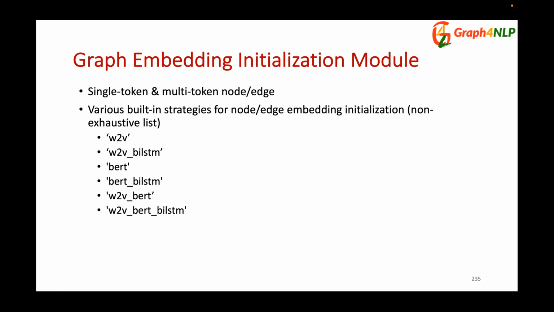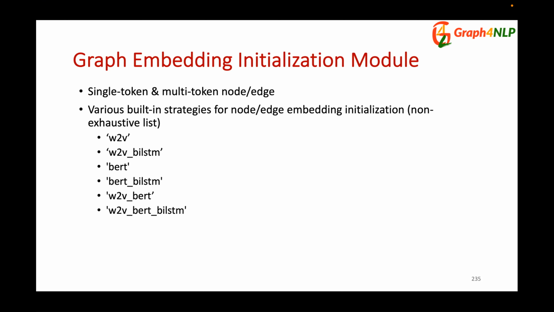So how can we initialize the node embeddings? Here we provide multiple strategies. For example, W2V means word to vector. We can use pre-trained word to vector, like the graph embedding, to initialize the token embedding, and then we can compute the average embedding to initialize the node.